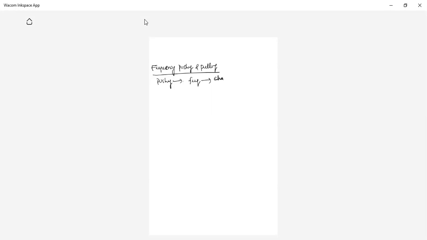So the variation of the frequency due to the applied anode voltage is called frequency pushing. If you are changing the anode voltage, the frequency of oscillation changes. The change in the oscillator frequency produced by the change in the anode voltage, and more current varies, is called frequency pushing.